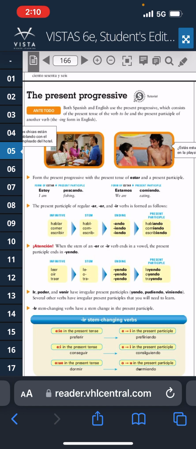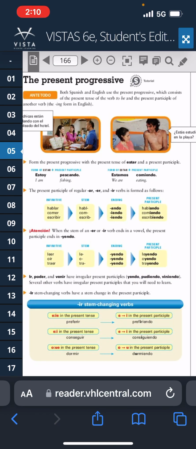Attention: when the stem of an ER or IR verb ends in a vowel, the present participle ends in YENDO. So when the stem ends with a vowel, the present participle ends in yendo.